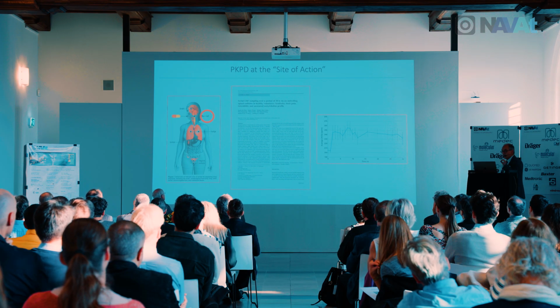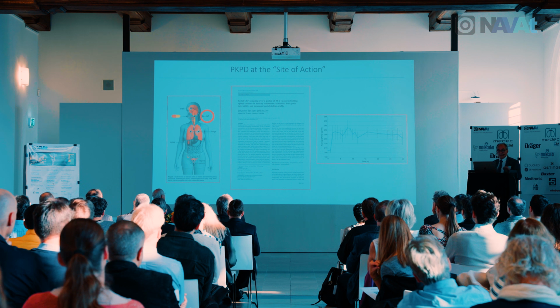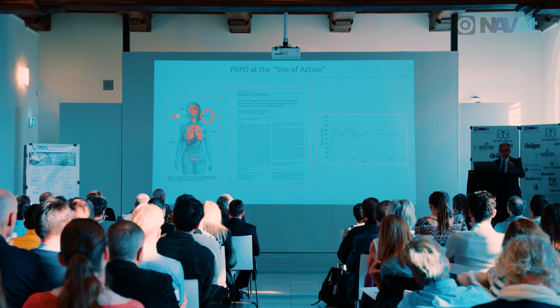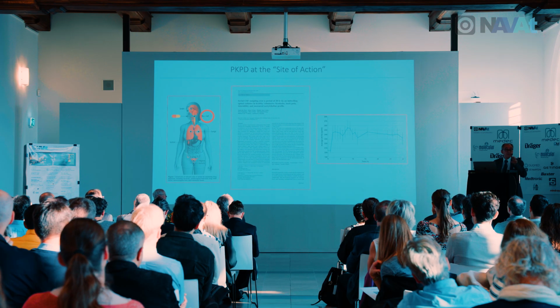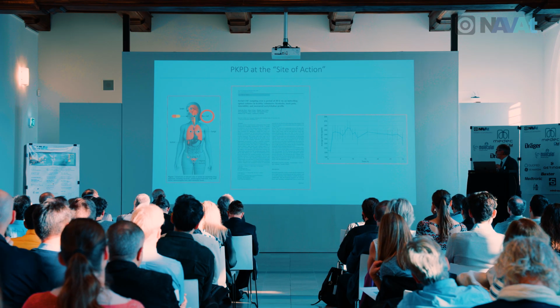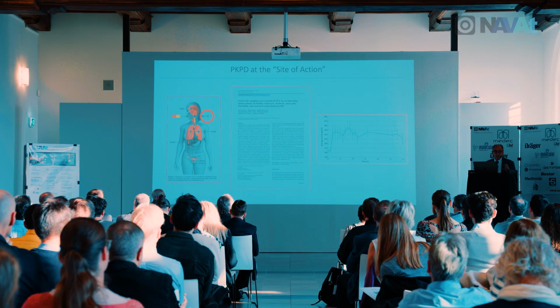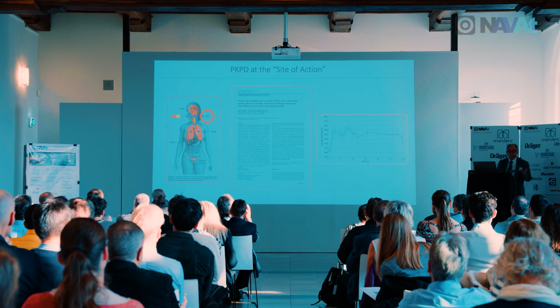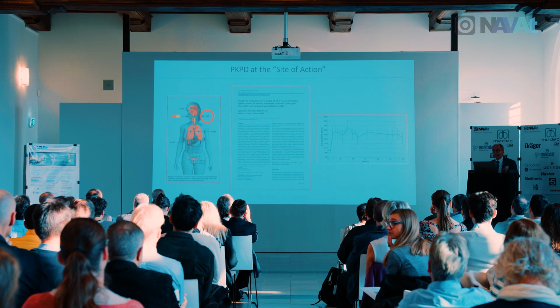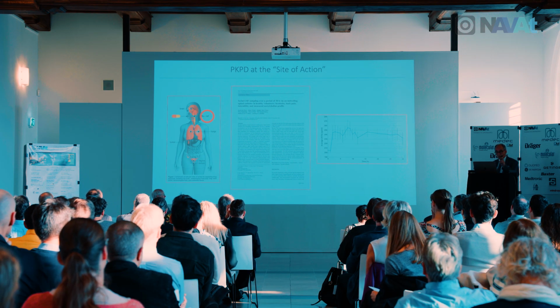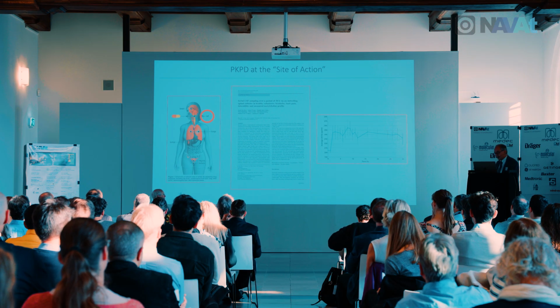So you can already go very close to that site of drug effect. If your receptor is located in the central nervous system, CSF sampling might be a good approximation of your concentration at the site of drug effect. So we are coming closer to that effect site.